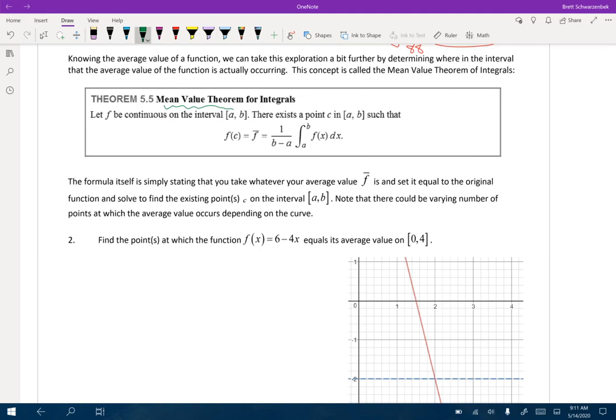So you'll see in here that the reason why it's called the mean value theorem is it's a similar concept, and this is the key. So you're trying to find out where your function itself is actually equal to its average value. Okay, that's the best way to say it.